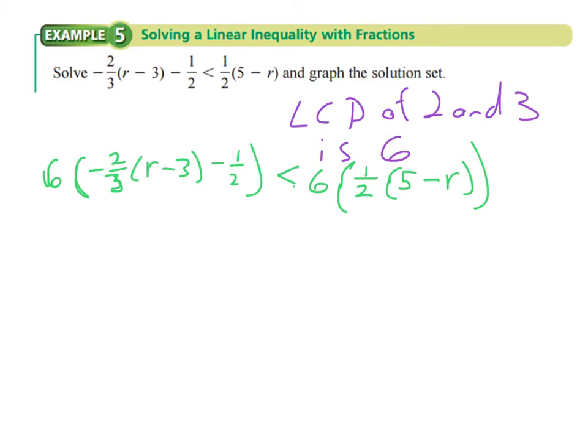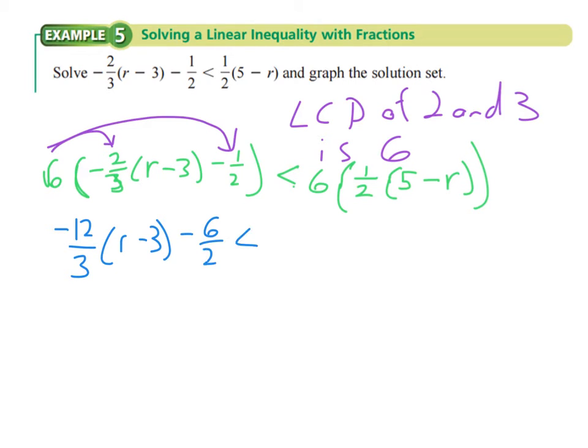Alright, so now we just need to distribute through those parentheses. On the left here, it's going to multiply the -2/3 and it will multiply the -1/2. Notice the -2/3 times the r minus 3 is one part of our difference here, so that only gets multiplied once. The simplest way to do this is just to do -12/3 times r minus 3 minus 6/2.